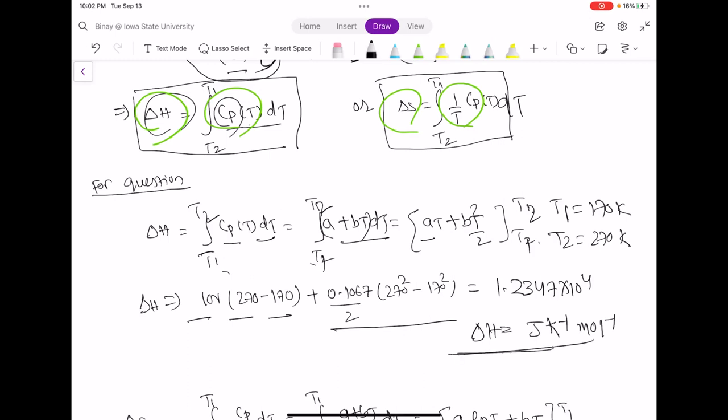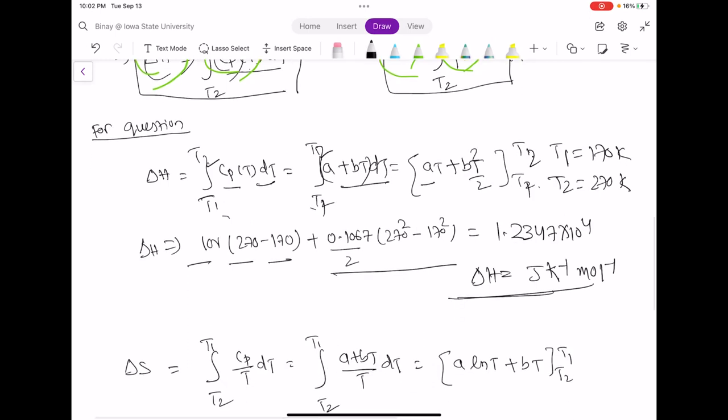Now to solve delta S, one more integration from T1 to T2 of Cp upon T dT. So that is (A plus BT) upon T dT, which will give us A ln T plus BT.